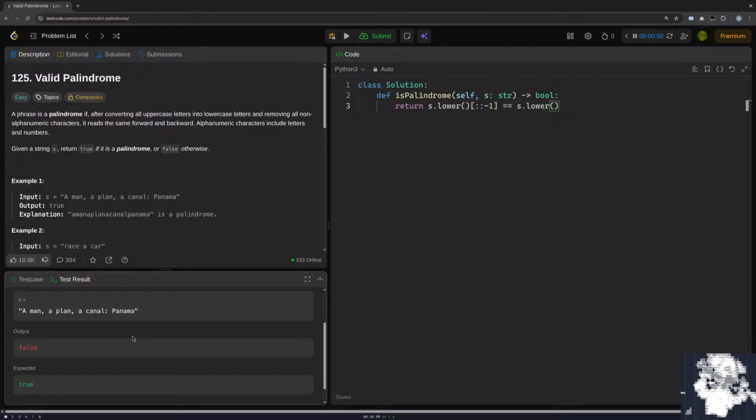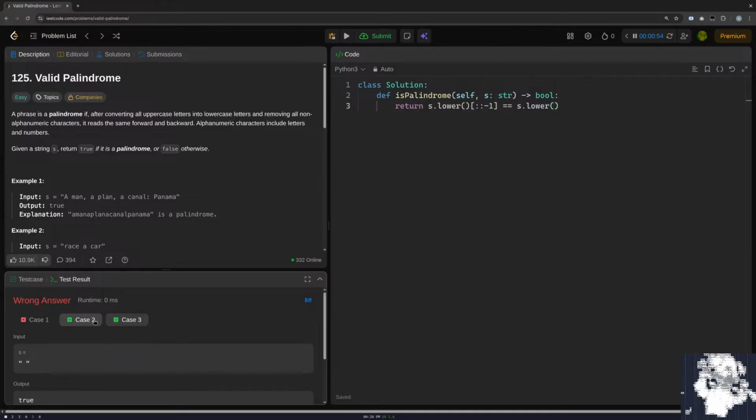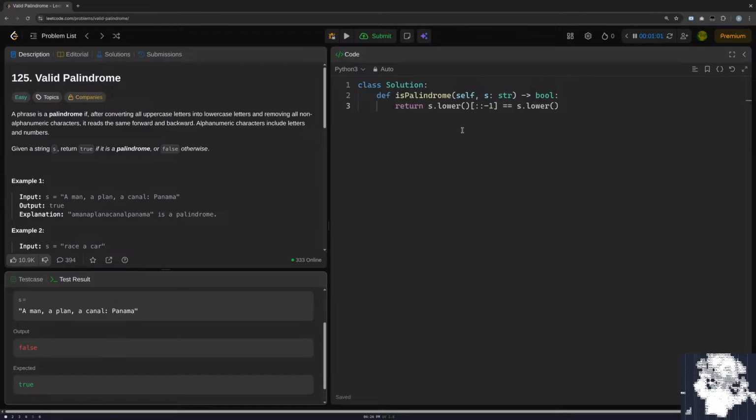It does not give the right answer? I mean, maybe this doesn't turn it back into a string.